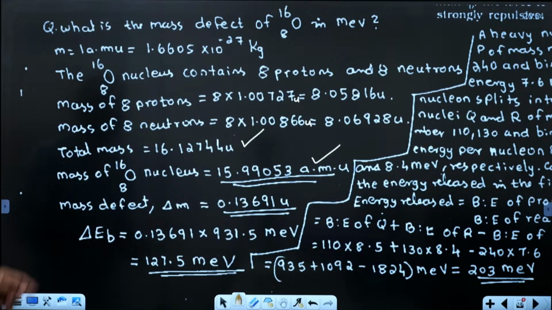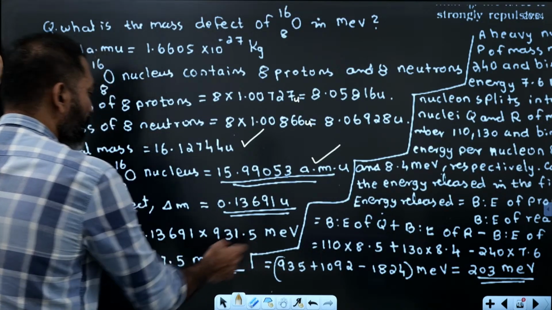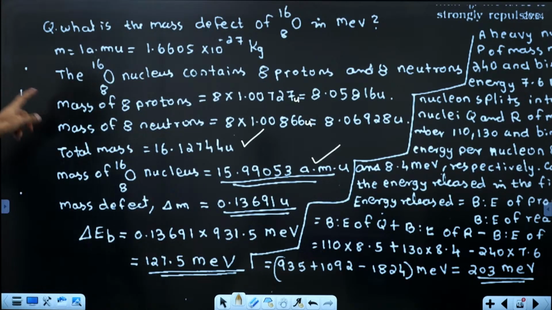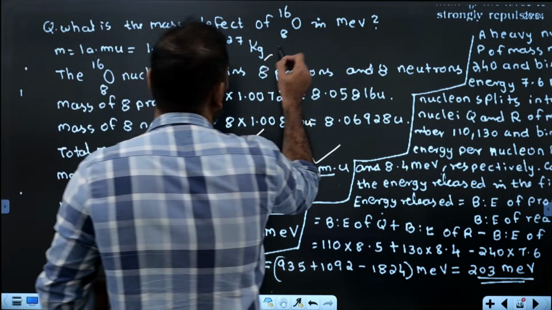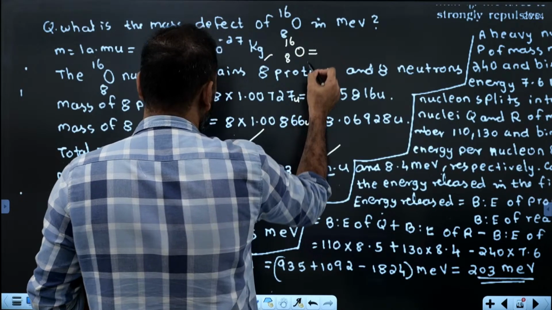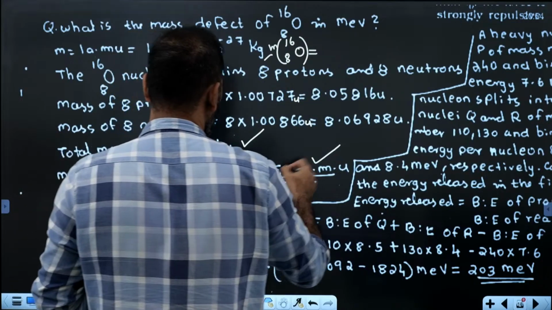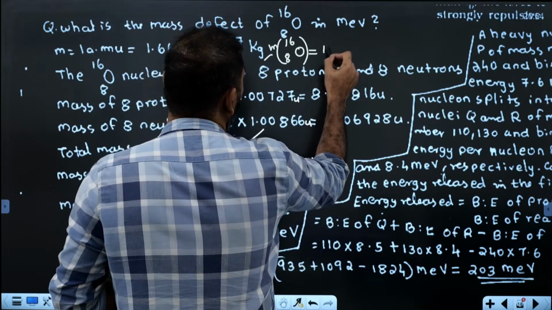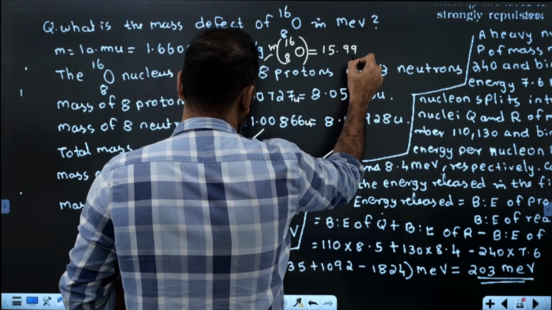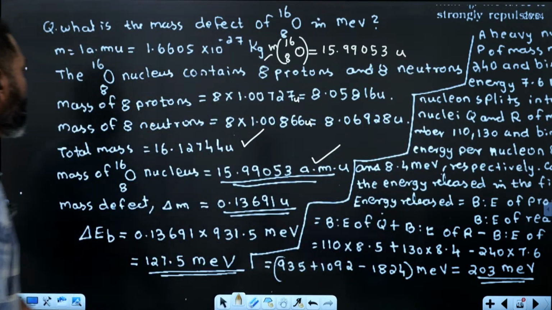15.99053 AMU. So the mass defect is what? 0.1369 AMU. So what is the binding energy? 0.13691 into 931.5. Here the value of 1 AMU should be given. I forgot to write it. The mass of oxygen is given in the question as 15.99053 U, atomic mass unit.